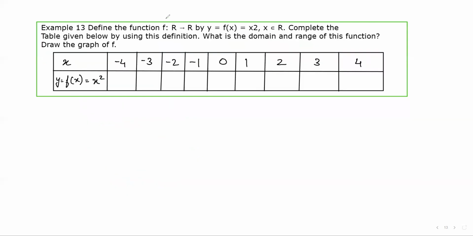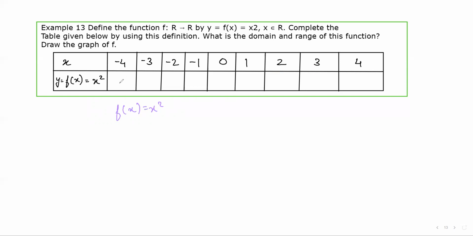Define the function f from R to R by y is equal to f of x is equal to x squared, where x belongs to R. Complete the table given below by using this definition. So your definition is f of x is equal to x squared. Whichever value of x you have, all you have to do is take the square to get the value of y.